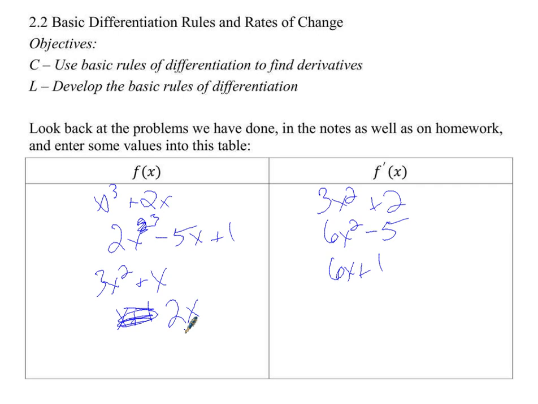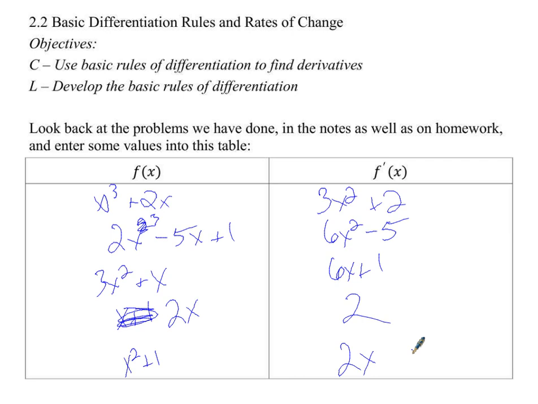Okay, well if we did 2x, we'd get 2. We have any others? x squared plus 1 gives us? If we had x squared plus 1, what would we get? We would get 2x.